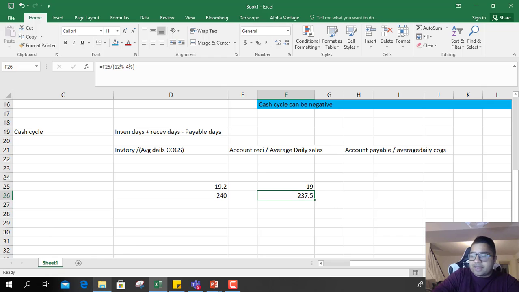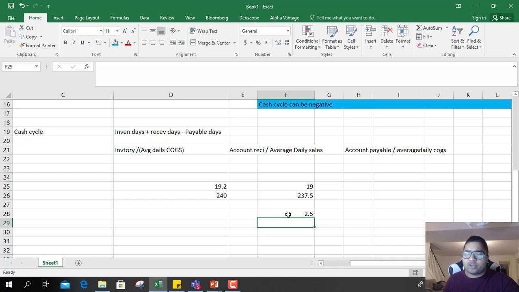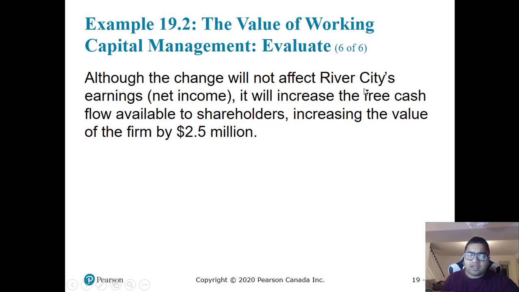So it's 237.5 million, not 37.5. So your value has actually gone up. The firm's value has gone up by 2.5 million. Although the change will not affect River City's earnings, net income, it will increase the free cash flow available to the shareholders, increasing the value of the firm by 2.5 million.